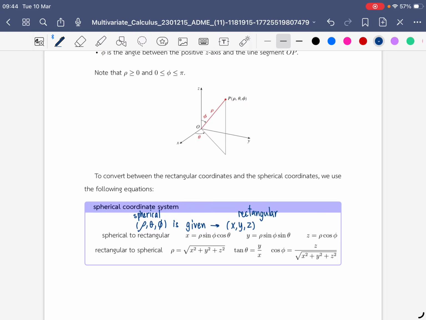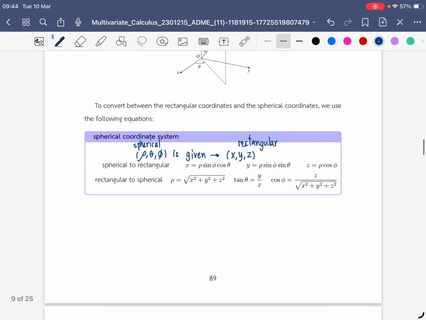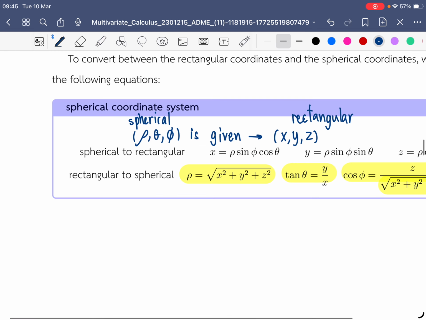Phi will start from 0, where the positive z axis is measured with itself. So phi is 0, right? And then you keep going down. Your phi angle is increasing, and then you aim at the negative z axis. That's the most you can get, which means your phi goes from 0 to pi, the straight angle.